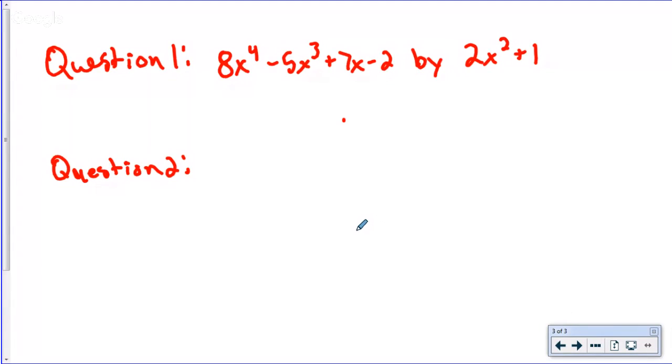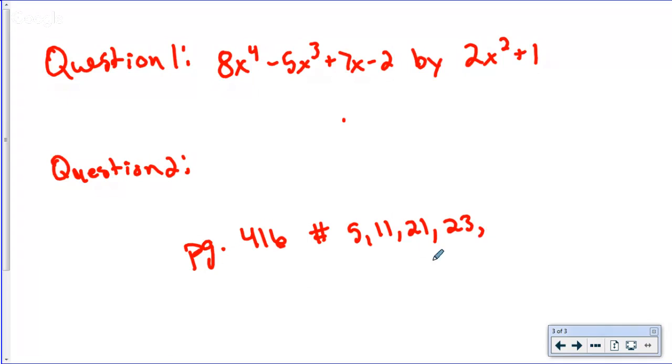Then your suggested problems start on page 416, and they are numbers 5, 11, 21, 23, 33, 43, 47, 55, 59, 61.